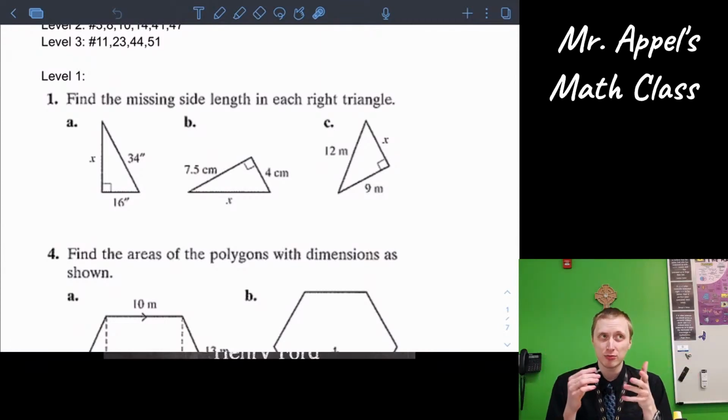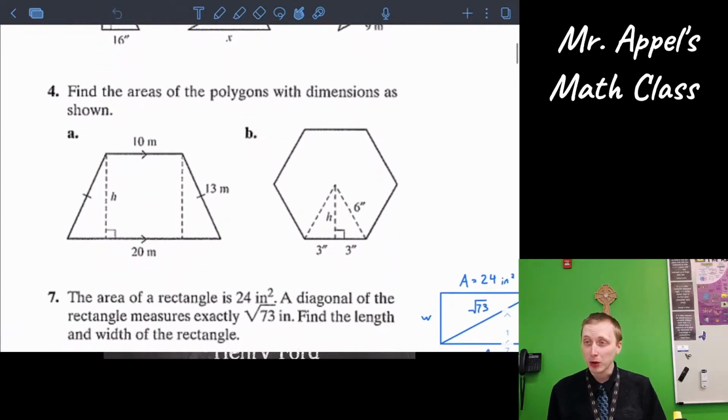Now that I can find the missing side of a triangle, I can do things like in number 4, taking other polygons and drawing extra lines to create right triangles. Since I was given these sides, I can find the height of this trapezoid by finding the height of the right triangle, okay? Just a little subtraction to get the base length there. We know the hypotenuse, so we can solve for that third missing side. This allows us to do so much because everything can be turned into triangles.